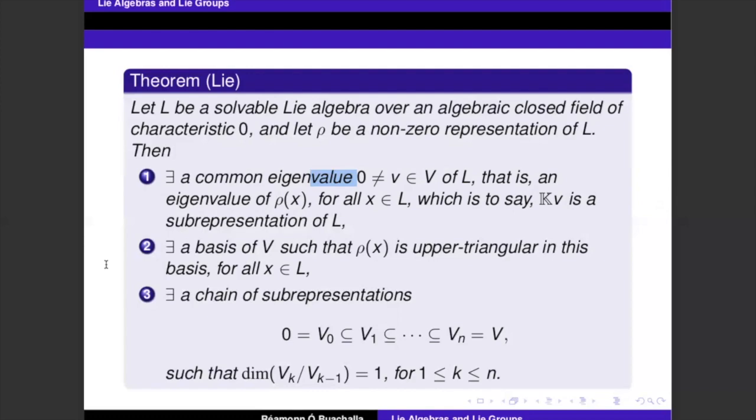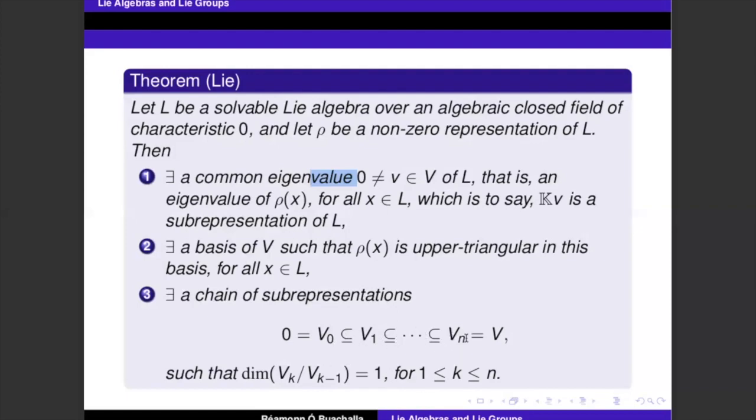And finally, we see that there exists a chain of sub-representations such that the dimension of each successive quotient is equal to 1. Remember, we had this sequence as well for nilpotent, but with a stronger condition whereby the Lie algebra acting on it would move you along.